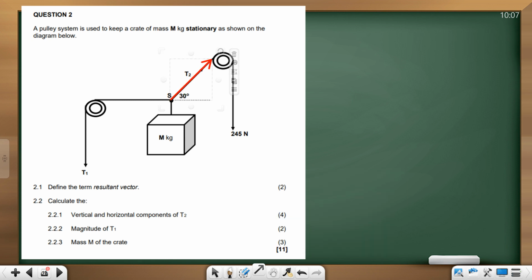You need to find the vertical and the horizontal. I'll be telling you why you must do that and what is the importance of that. All right, so don't let me jump. I'll start doing that from tomorrow. All right, but so far so good.